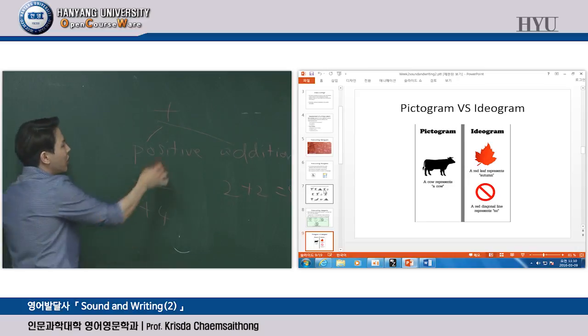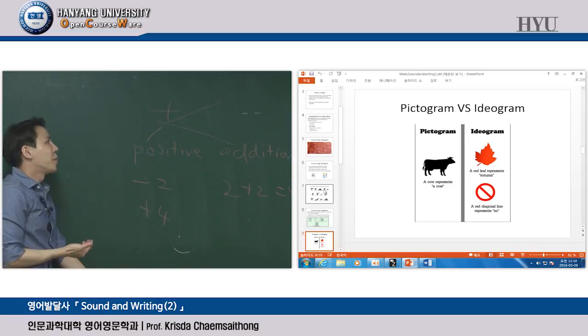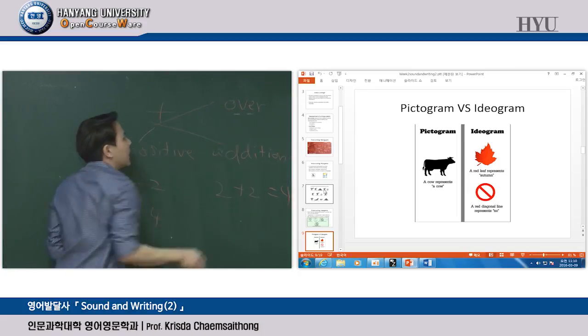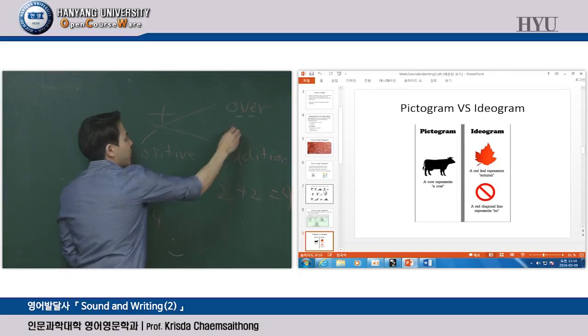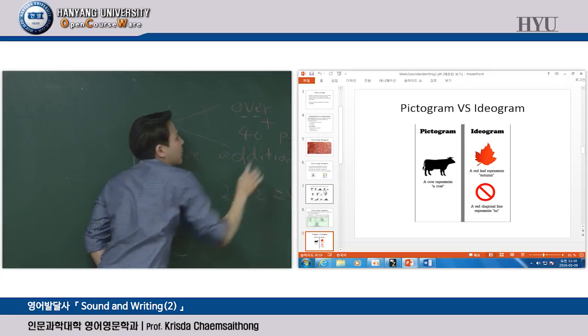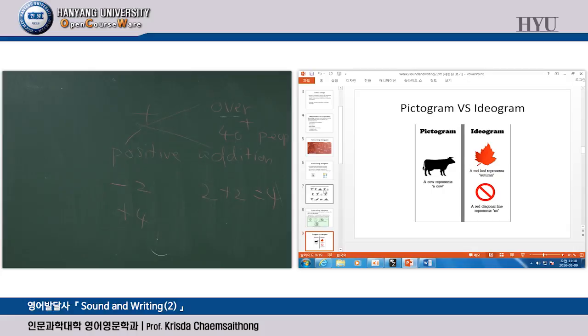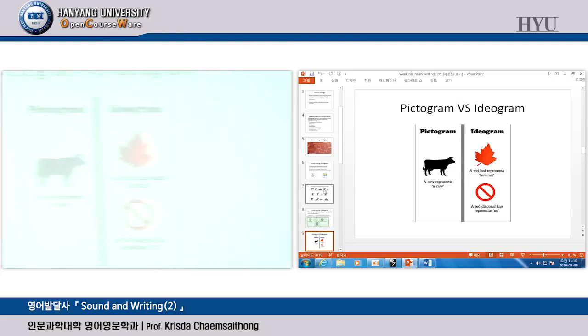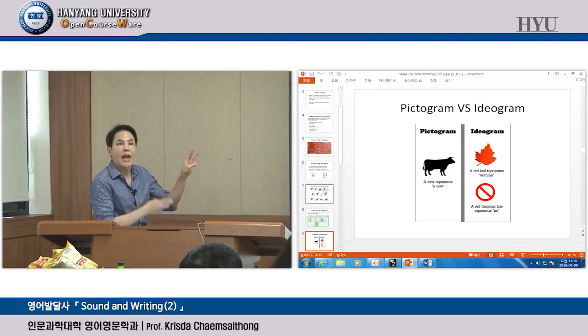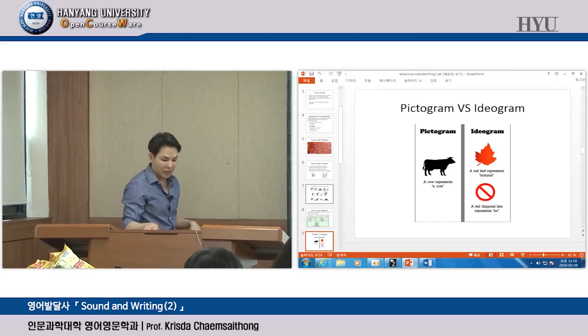Or it could also represent the concept of over. Like in this class, we have 40 plus people, which means what? We have over 40 people. So at least how many ideas do we have that are associated with that ideogram? We have 3, and maybe even more.